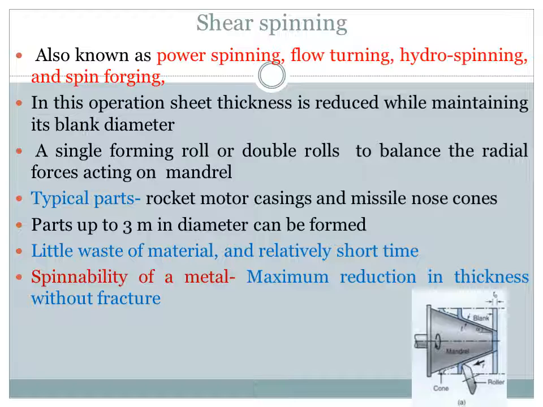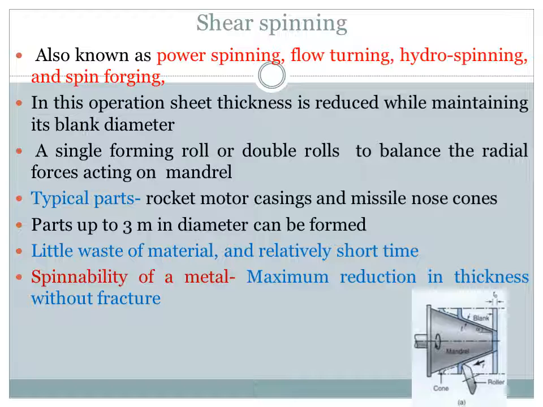The inner diameter of the part remains the same because it is just replicating the shape of the mandrel. So hence the inside diameter remains the same, whereas the outer diameter, the thickness of the sheet, is reduced according to the requirement.